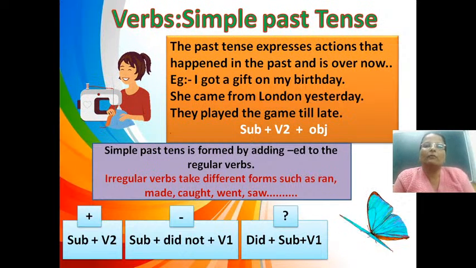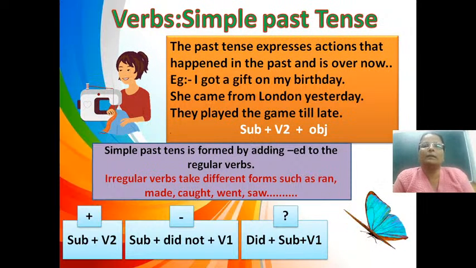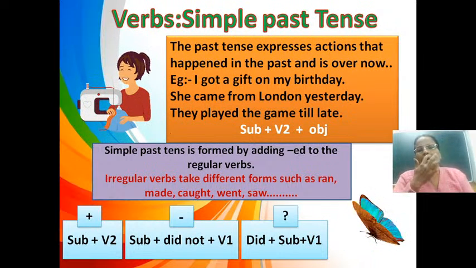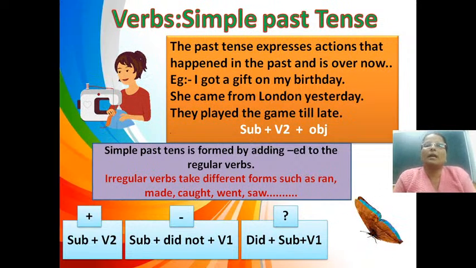Whether it is regular verb or irregular verb, the past tense form of a verb is called V2. So when you see V2, you must understand that you have to use past tense form of the verb. Is it clear, children?